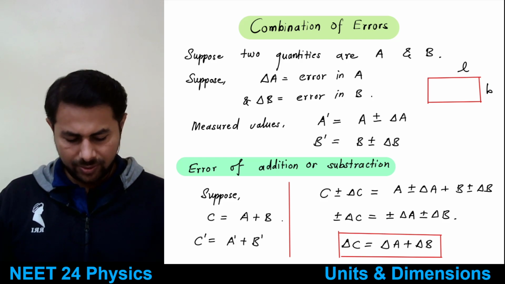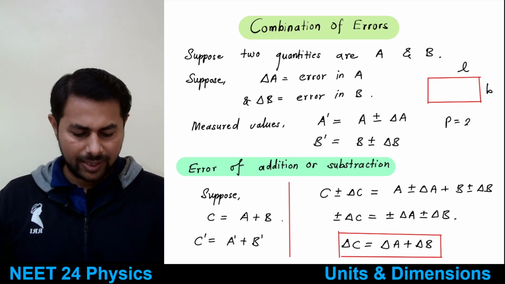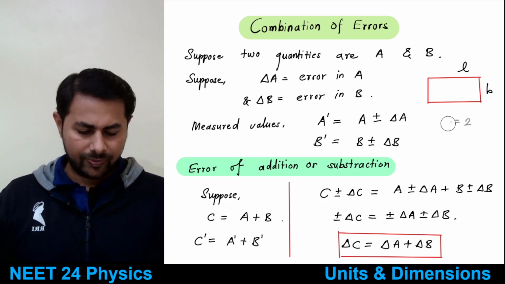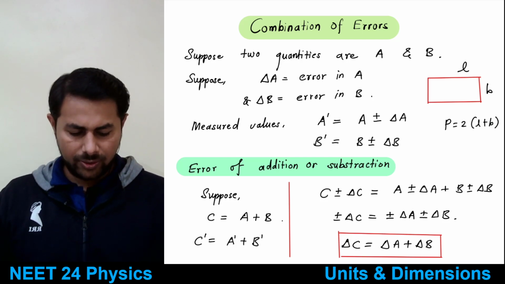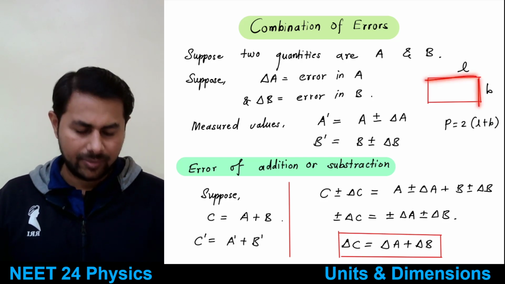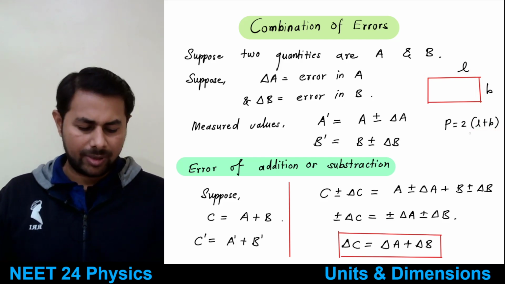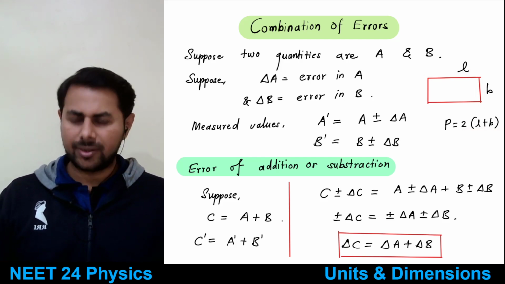The perimeter would be equal to 2 times L plus B. So you will measure the length, measure the breadth of the rectangle, add it up and multiply by 2. That is the perimeter.